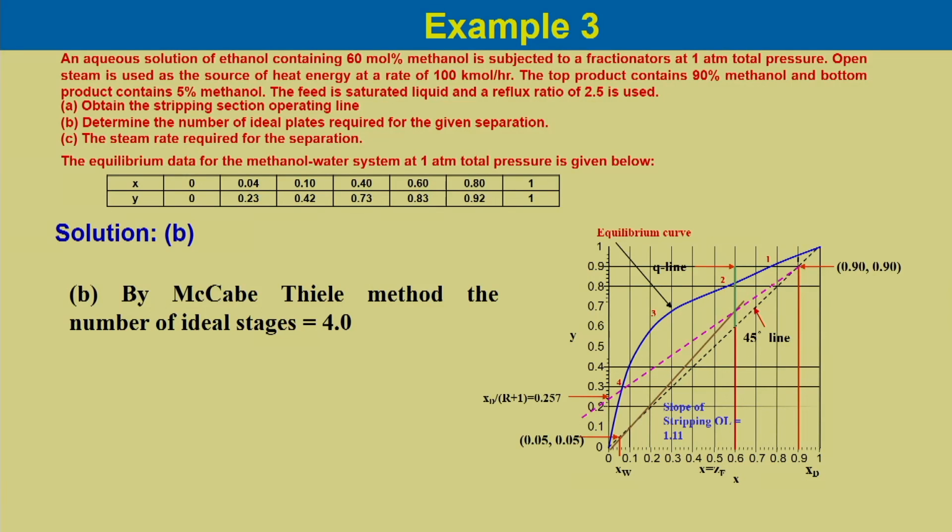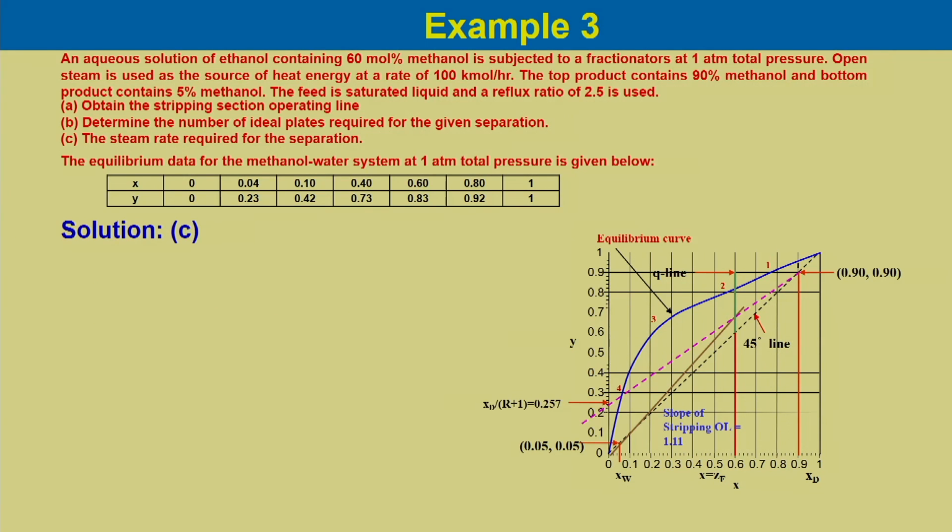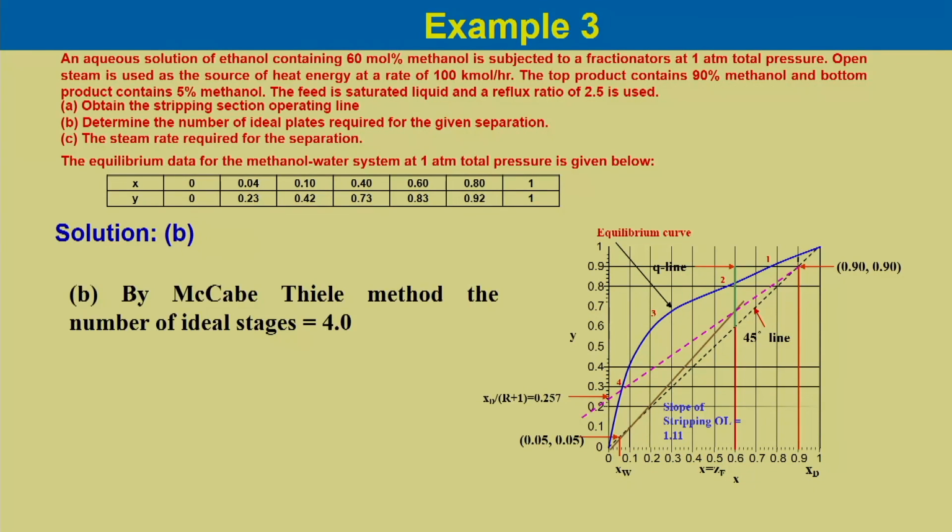Starting from this point, we plot a horizontal line to the equilibrium curve, then a vertical line to the operating line, and then again horizontal and vertical lines, stepping down.